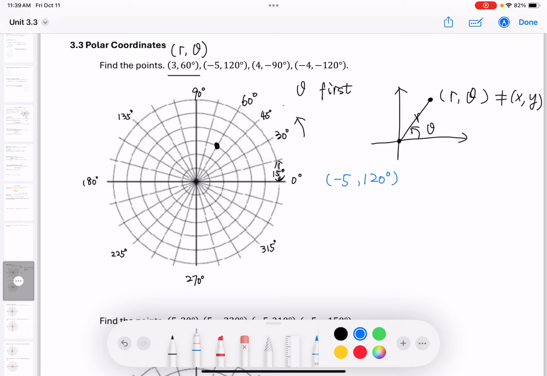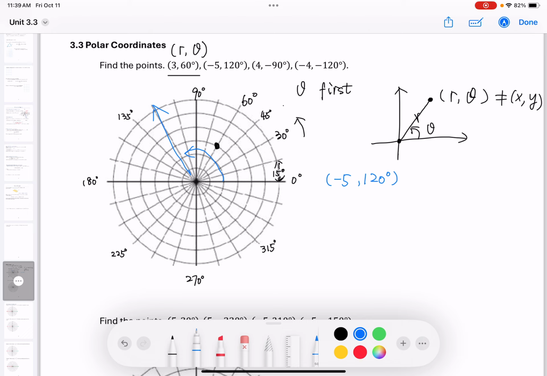First find the angle 120 degrees. It is here; I'm rotating from the initial side to here, which is 120 degrees. And we have -5. What is the meaning of r being -5? That means we go in the opposite direction.